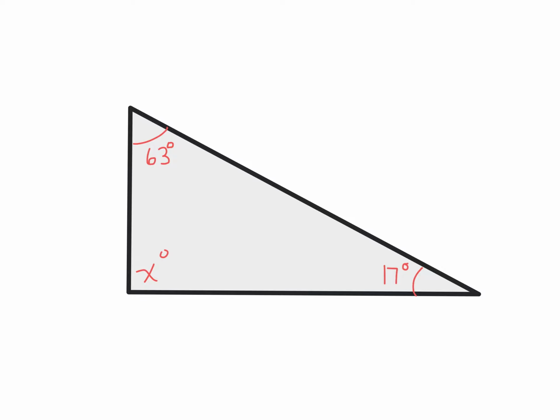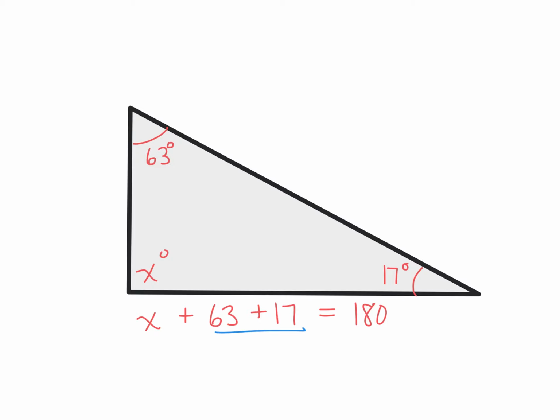Of course, here, using the angle sum property, I know that the angle that is marked x degrees plus the other two, 63 degrees plus 17 degrees, I know that that will always equal 180 degrees, no matter what the triangle or what type of triangle we have. And then once we get there, we can, of course, simplify expressions and solve.